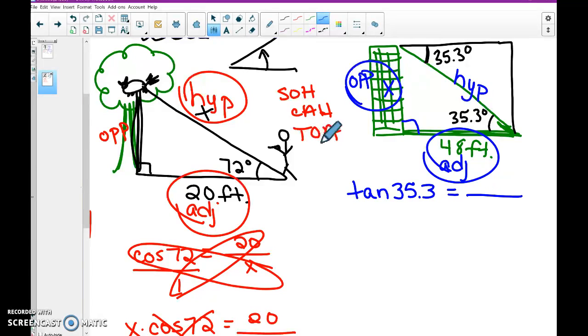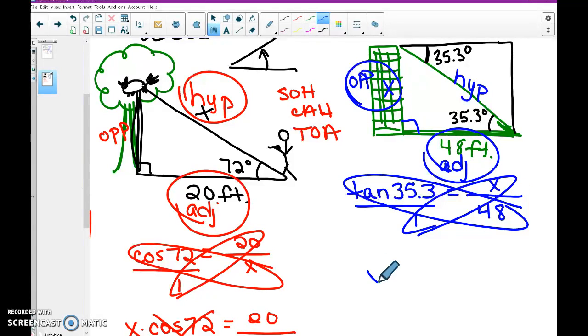Tangent is opposite over adjacent, so X must go on top, 48 must go on the bottom. Since we are not solving for a side, we are not going to use inverse. We're again going to do the cross multiplying route. X times 1 is in one group, so it's just X. And then 48 times tangent 35.3 is on the other side.